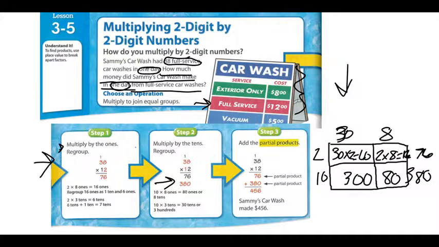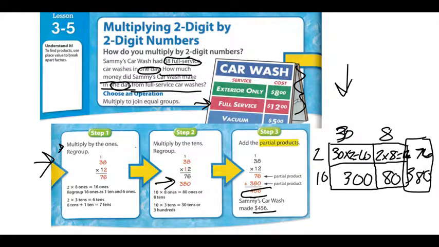So we broke it down into smaller partial products, and then we added those partial products to get these two partial products, because in 2-digit by 2-digit there are more partial products. Then you add those up and you can see here that they got 456, and that would be $456.